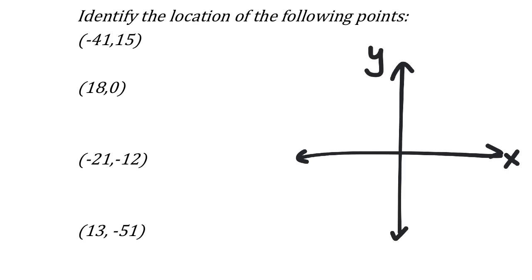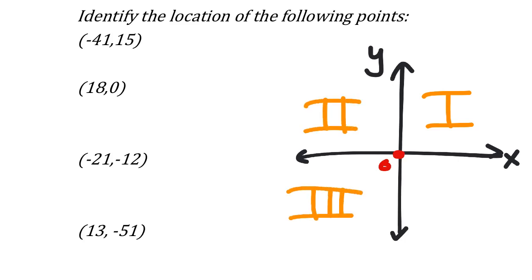The horizontal number line is called the x-axis. And right in the middle there we have the origin. Then we start in the top right, which is quadrant 1, and go counterclockwise 2, 3, and 4 like this. The orange Roman numerals are the quadrants.